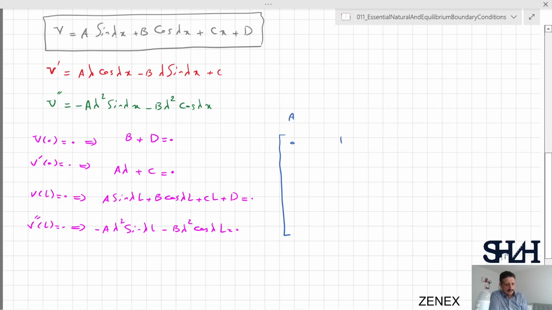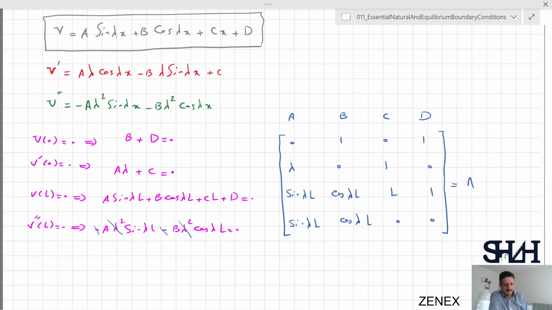For A, 0, for B, 1, for C, 0, for D, 1, then lambda, 0, 1, 0, sin lambda L, cos lambda L, L and 1, and we are not looking for lambda squared equals to 0. I can just cross them out, and also the negative sign, so it will be sin lambda L, cos lambda L, 0, 0.